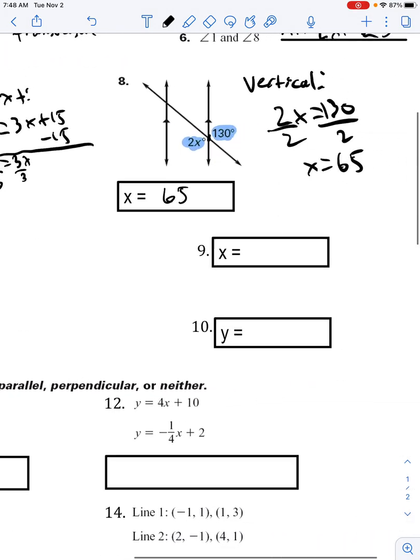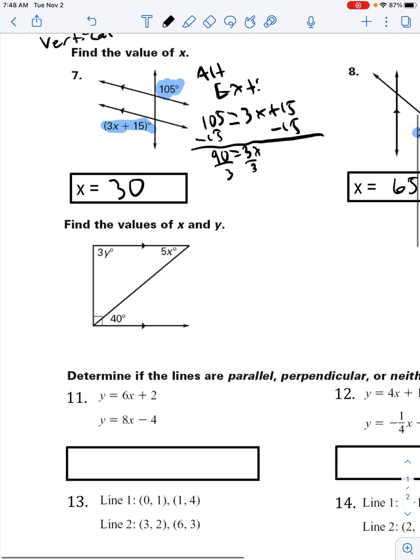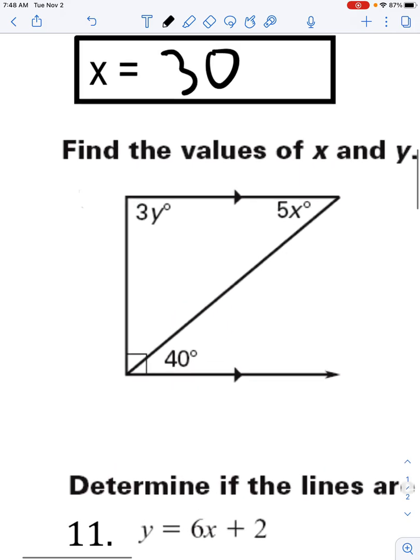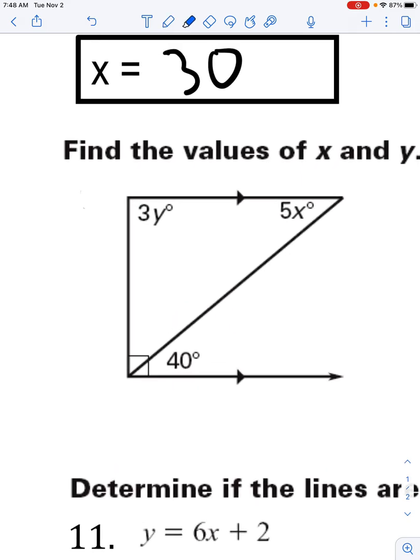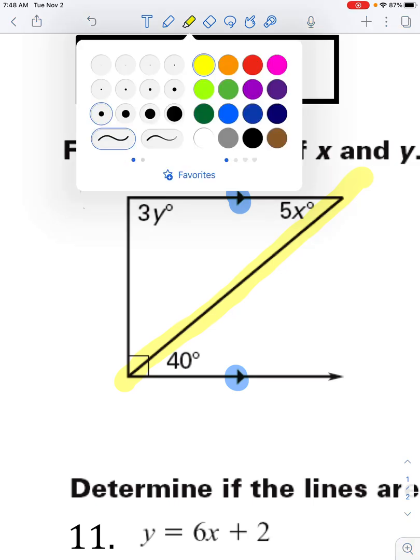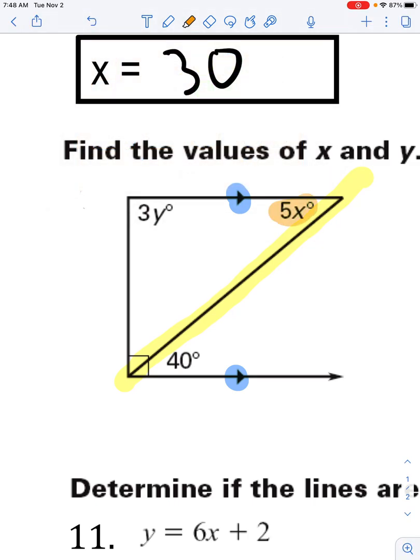Find the values of x and y, okay? So what I see here is, again, parallel lines cut by a transversal. It might look a little different, but really I have the same thing. I see an angle right here and an angle right here.